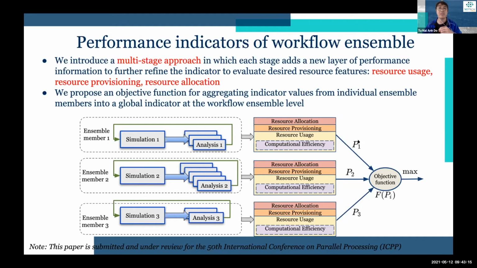So finally, we have one performance indicator for ensemble member one, which we call P1. Similarly, for ensemble member two, we have P2, and for ensemble member three, we have P3. These performance indicators serve as the input for an objective function that aggregates them into one performance indicator at the level of the workflow ensemble. And we would like to maximize this objective function to maximize the efficiency of the workflow ensemble.